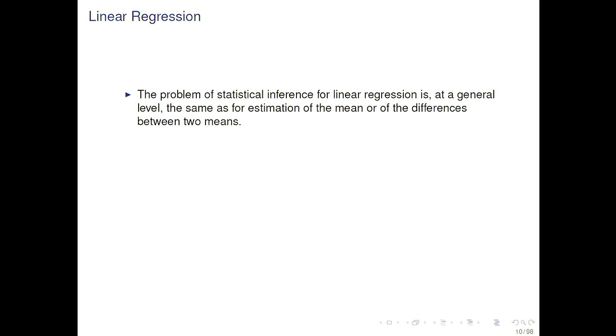But like I said before, the number of groups can be many. So we need to generalize the idea of estimating the difference between two different means.